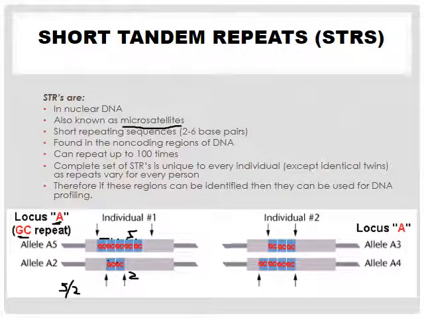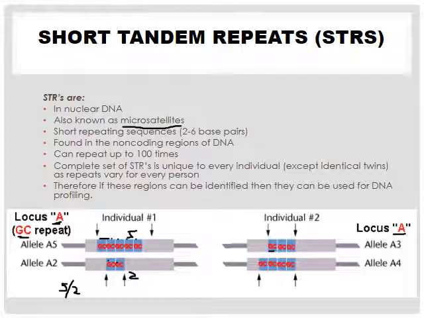If we compare that to individual 2, it's the same locus, so whenever it's the same locus, it's always going to be the same sequence. What all individuals have in common is they all have the same STR locuses, and at each locus they all have the same sequence that's being repeated. The only thing that differs is how many times it's actually repeated.